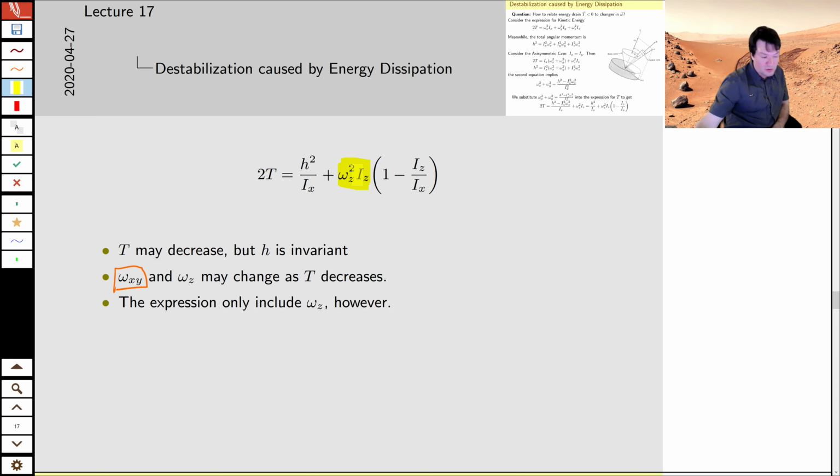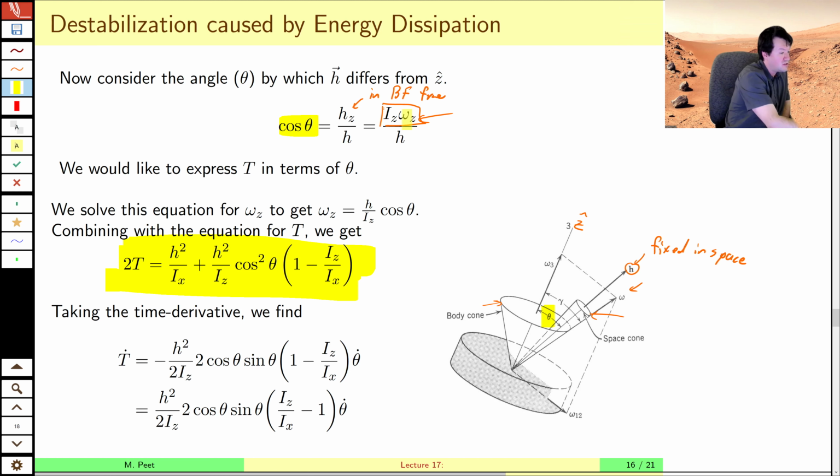So here on this page, we've got I_z omega_z equals h cosine theta. So we're just going to substitute that in. And we do that, and that omega squared term becomes a cosine squared theta term, and we get an extra h here on the top. So this is somewhat convenient because all the h's, we can pull them out.